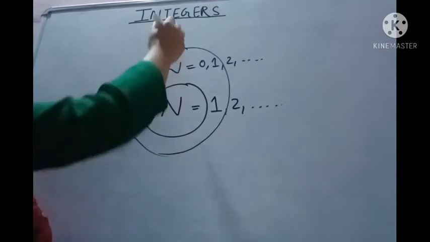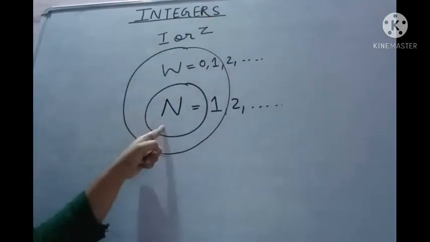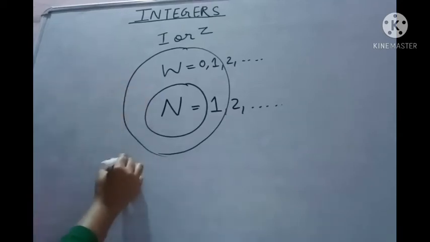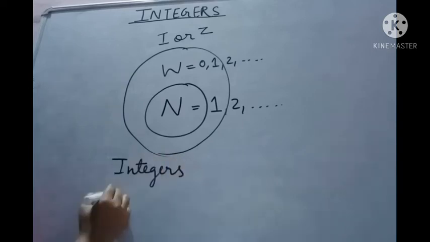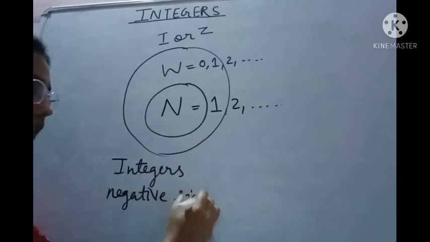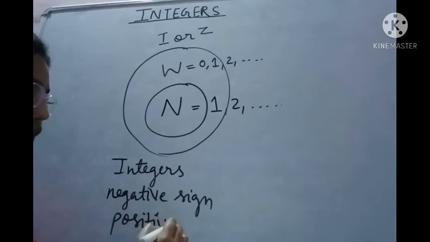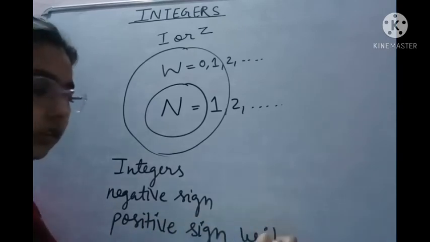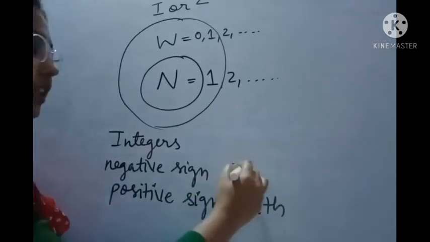We represent it by I or Z, in which natural numbers are also there, whole numbers are also there. You can say that integers are all those numbers having a negative sign and a positive sign, along with 0.